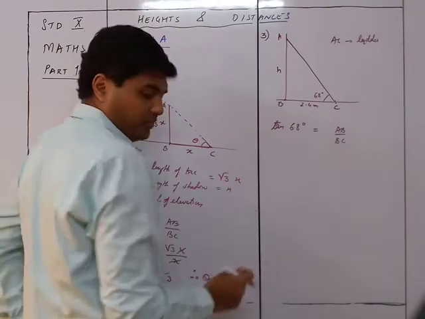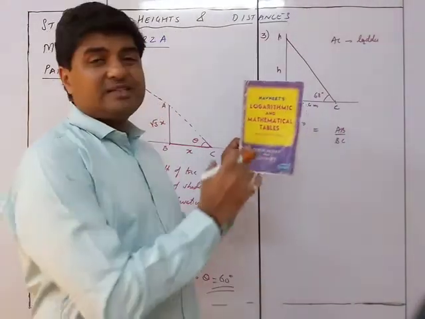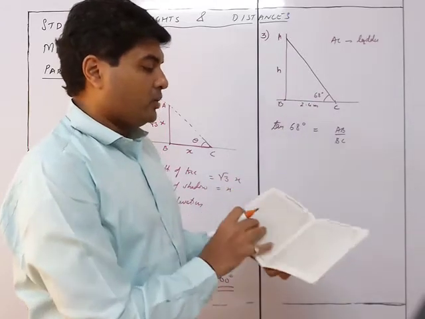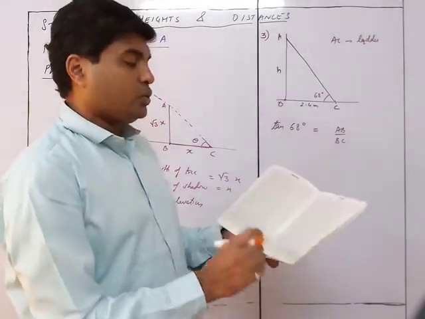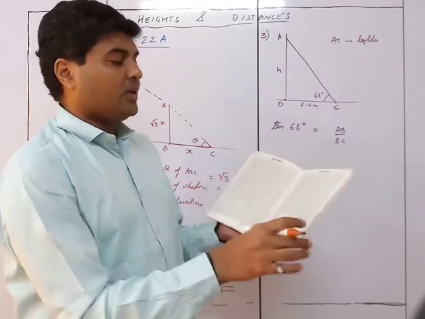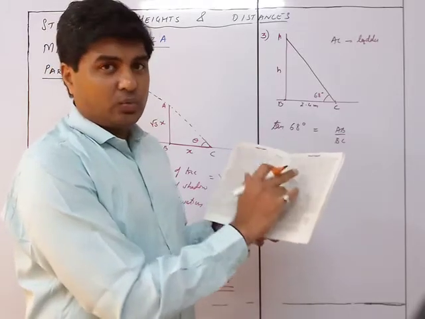Therefore for tan 68, we'll use the table to find out. The table is found in the log table book. In the log table book, you have to be very careful because there are two things over here. One is the natural sine and cos and the other is the logarithmic sine and cos. So you have to see the natural one only.